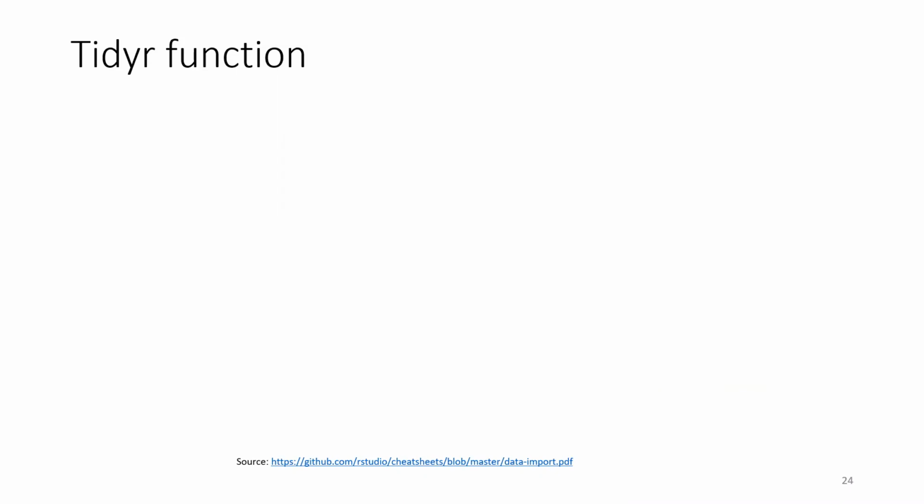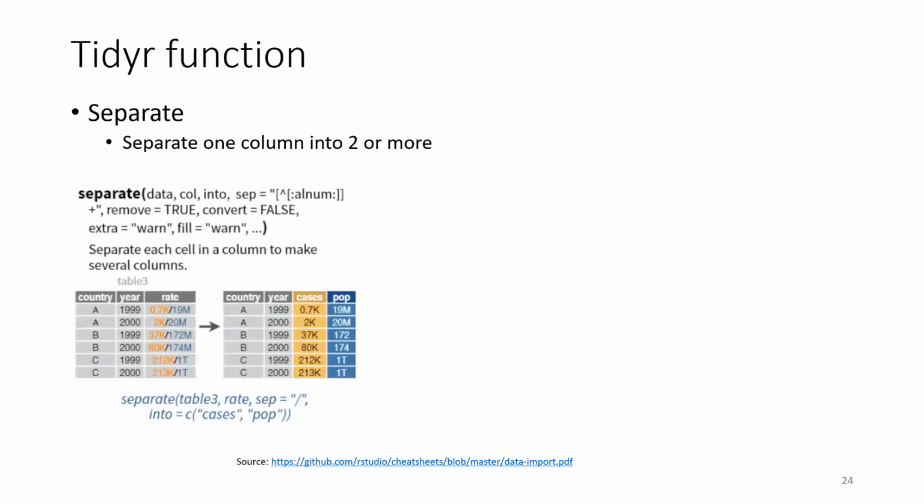The other tidyr function is the separate function, which separates one column into two or more columns. Here is an example of how that is used. We can see in this table3 that we have this column right here that needs to be separated.